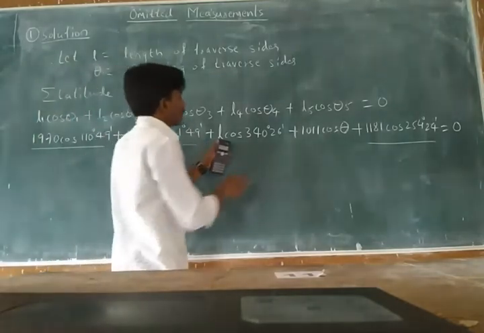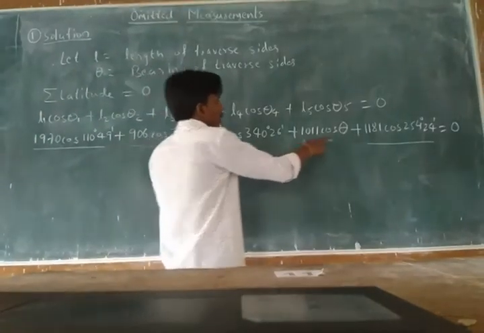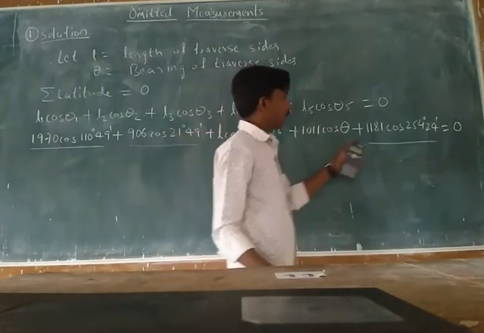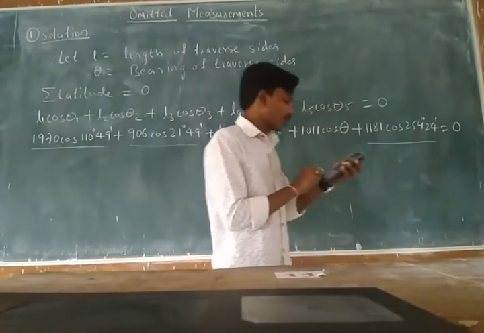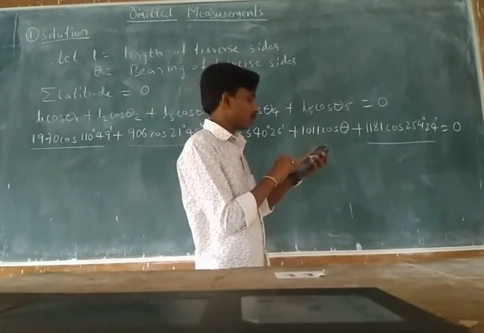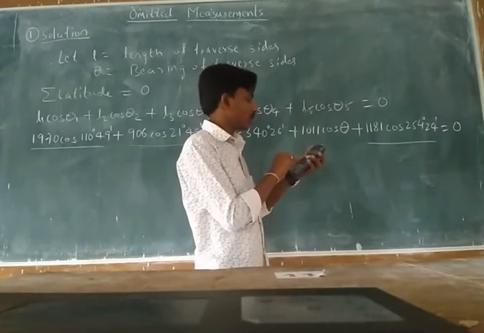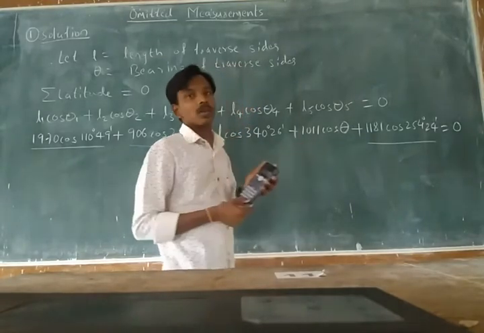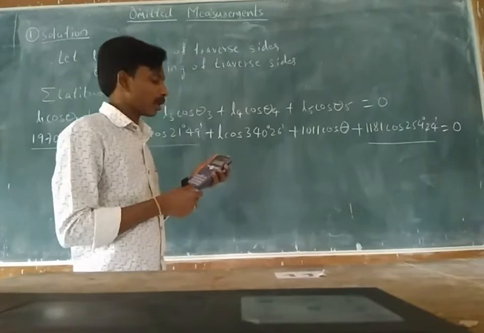Now leave 1011 cos theta and directly substitute 1181 cos 254 degrees 24 minutes. Now press the equal button.